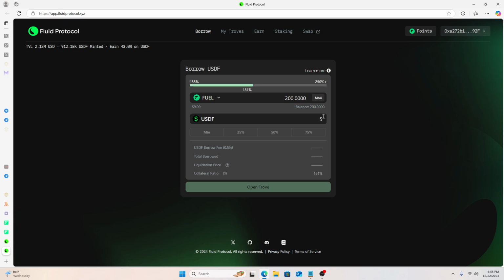Okay, I won't be able to even, because it looks like minimum. Wow. No, let's put 50. No, not 50. USD is a stablecoin, so I want to put like $1, $2. Wow, what's going on? Let's see, 150. Hmm.